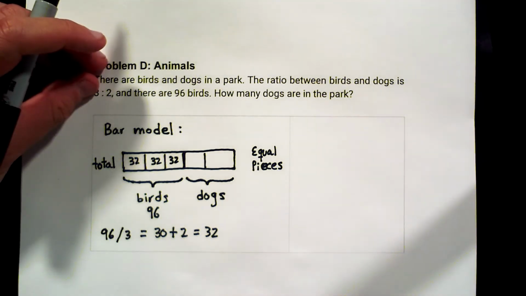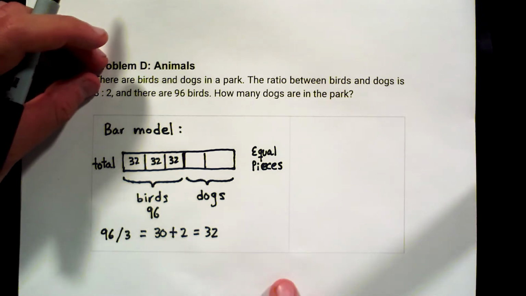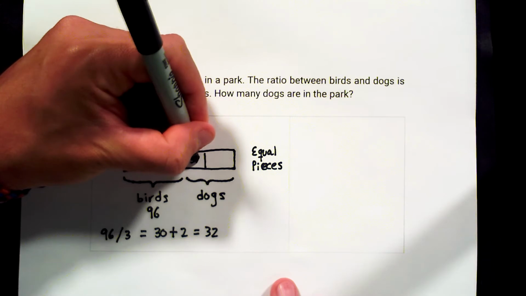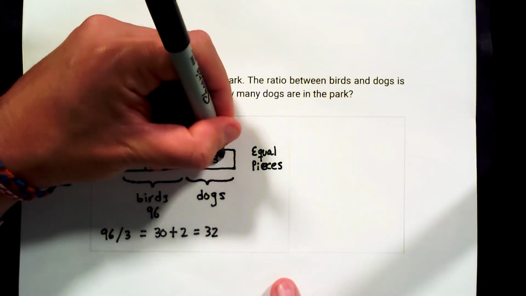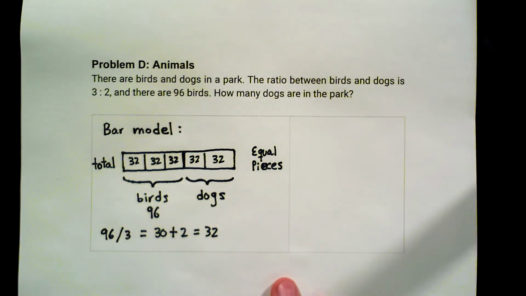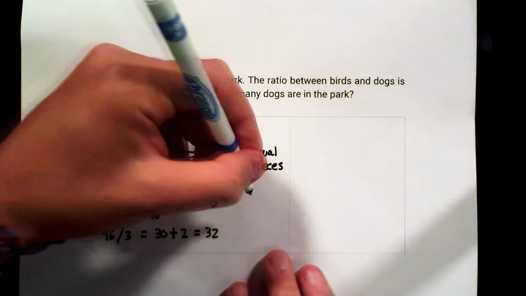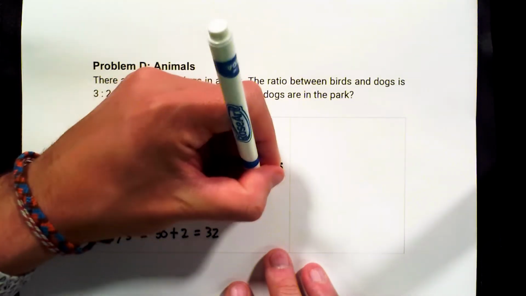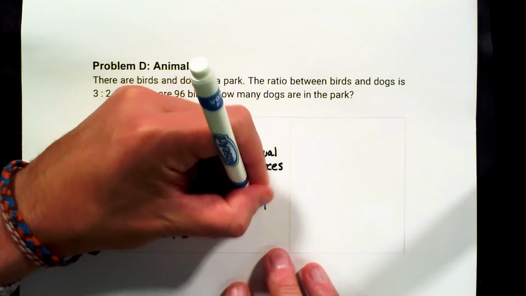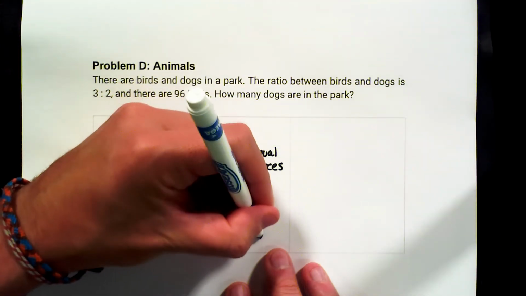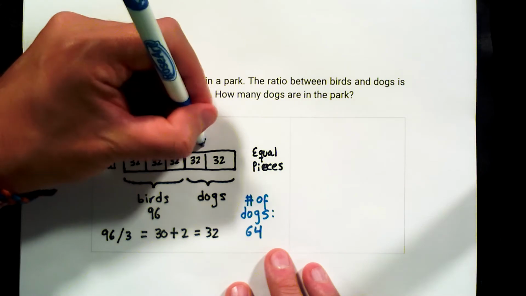The key is that since we modeled this with equal pieces, I can also label the dogs' pieces with 32. And so the answer is evident: 32 plus 32, that's the number of dogs in the park. So the number of dogs is 64.